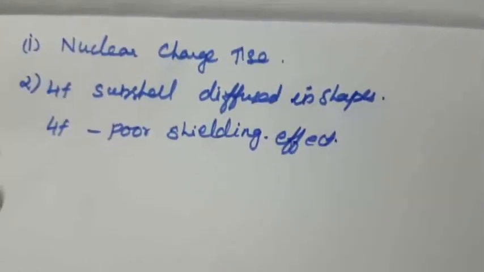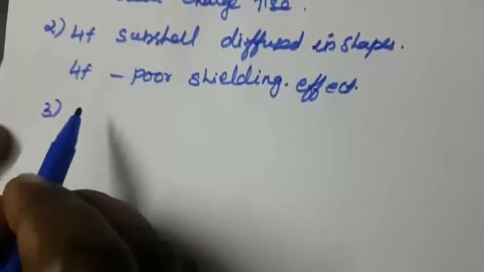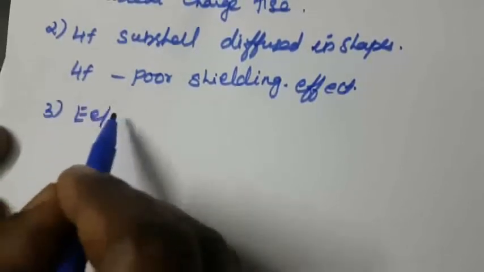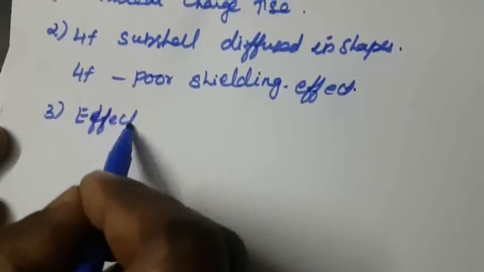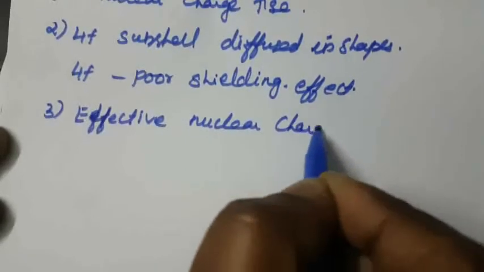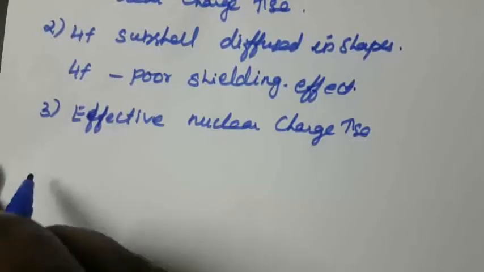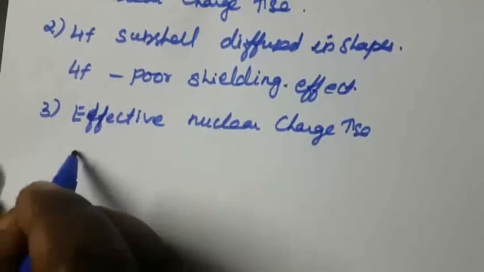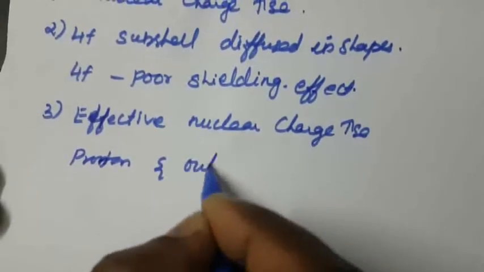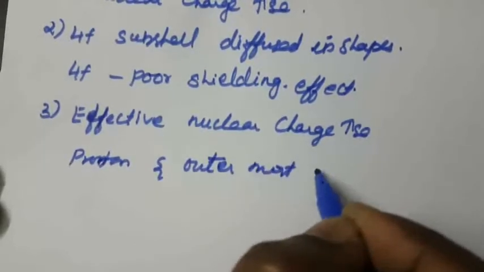Another cause is that effective nuclear charge increases. What is meant by effective nuclear charge increases? There is more attraction between the nucleus, that is the protons, and the outermost or valence electron.